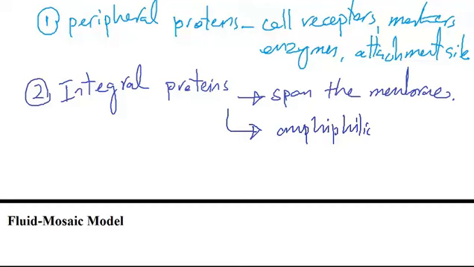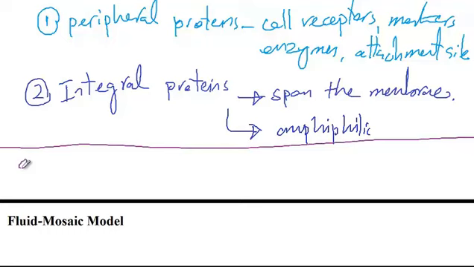Alright, now we have the final component, which are carbohydrates. So then we have carbohydrates as the third component of the plasma membrane, and these carbohydrates are always found on the external surface of the cell membrane.